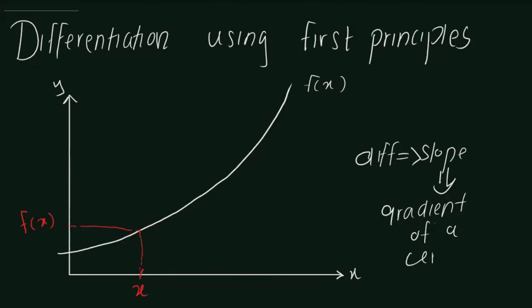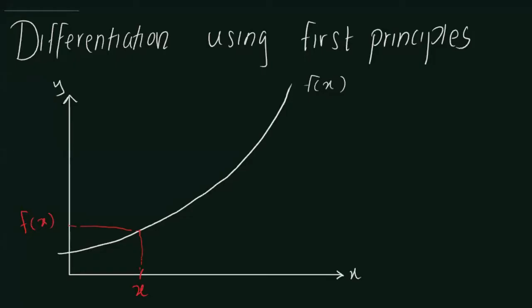To find a gradient, usually we know we need 2 points. Having just 1 point on a graph, we are unable to find a gradient. That is what we know from the basics we learned in our previous classes.